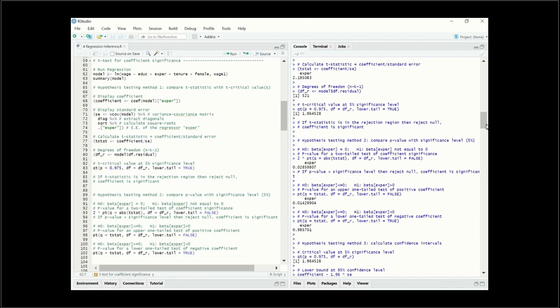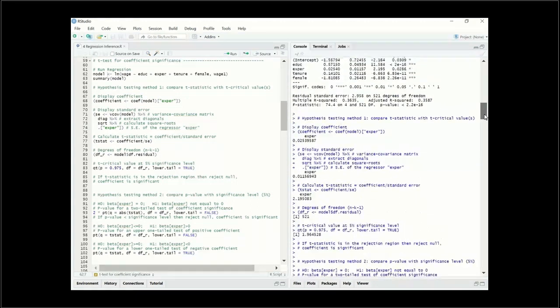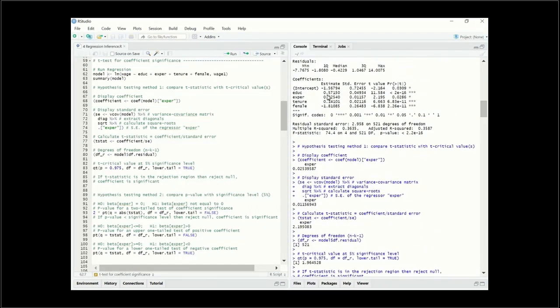Then from these number of observations up here, we had 4 independent variables and minus 1, and that's how we got to the 521 degrees of freedom. So now, how would we calculate the t critical value at the 5% significance level? Here we would be using QT.